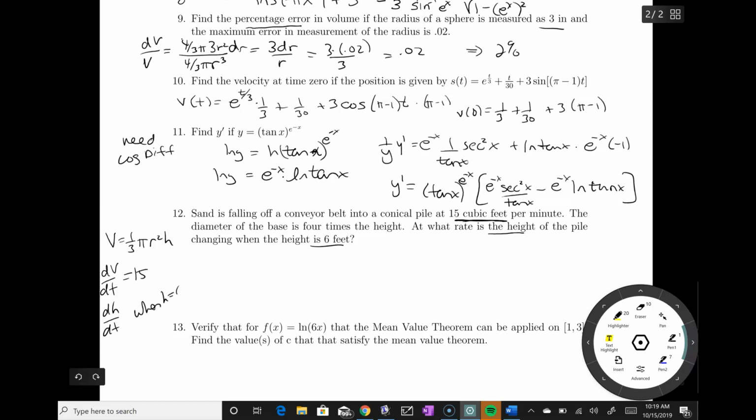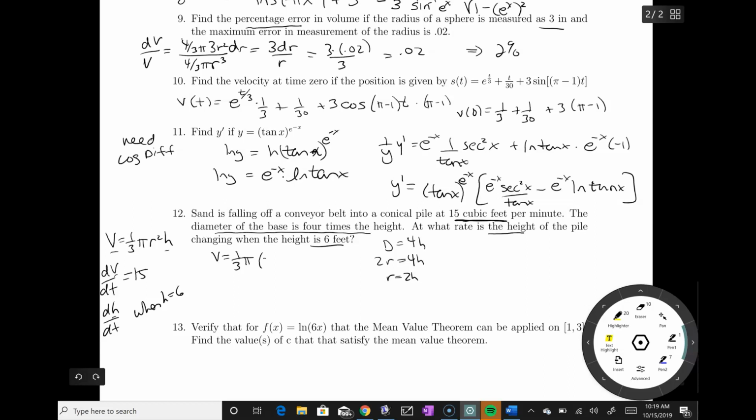I see all the variables that I have, V and h, in my given and find rates. I don't have anything about r, but they give me information. The diameter is 4 times the height, so I know that has to do with radius. So radius is 2h.